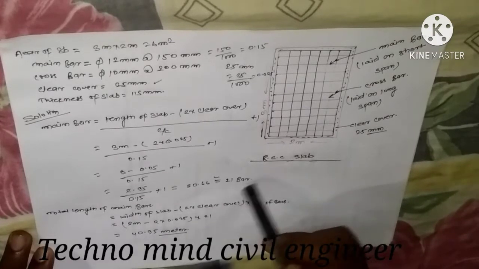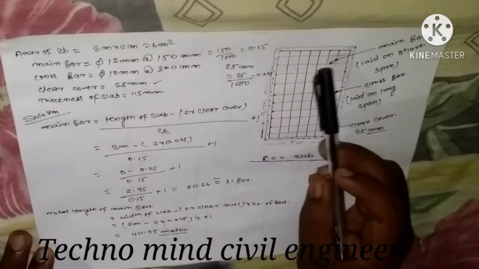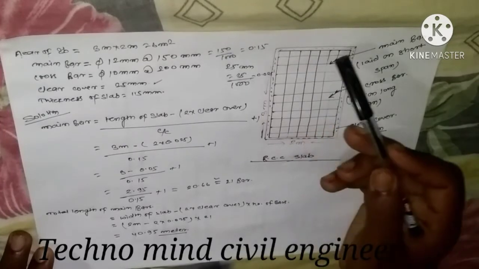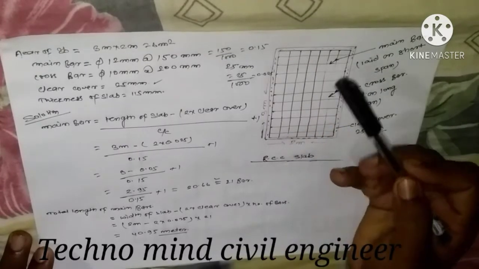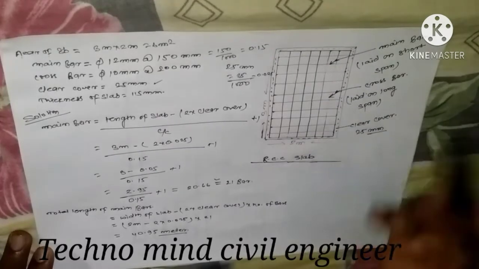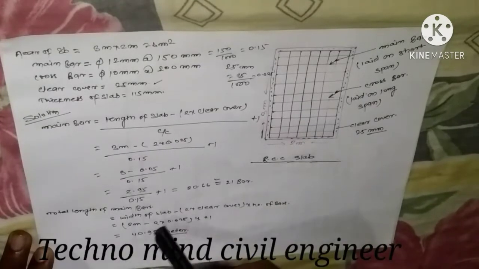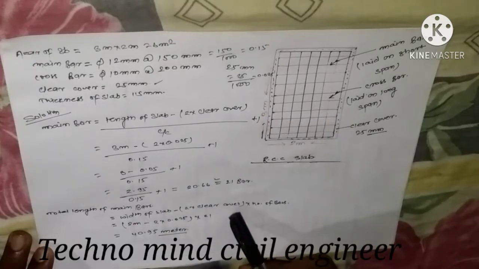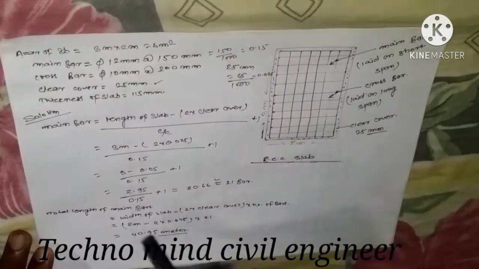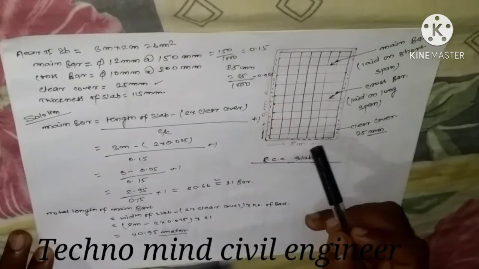Then we calculate the total length of main bars. The main bar is a single bar, so we calculate the total length of all the bars. The total length of main bars is the width of slab minus 2 into clear cover, into the number of bars. The total width is 2 meter.